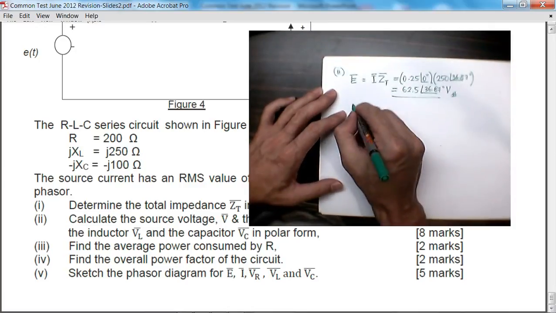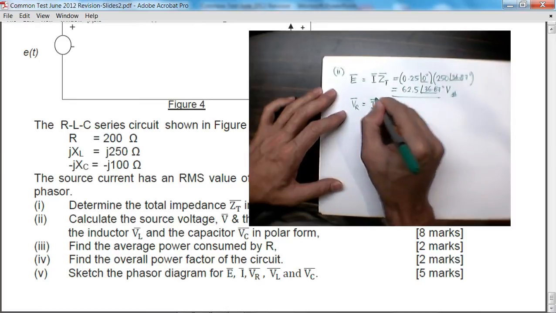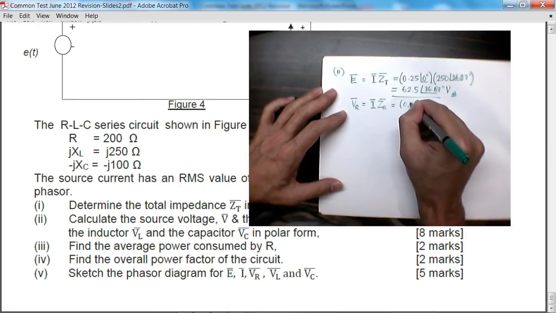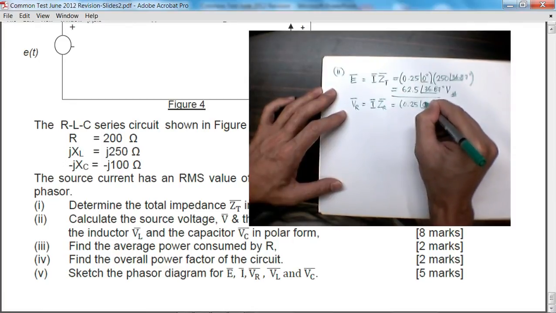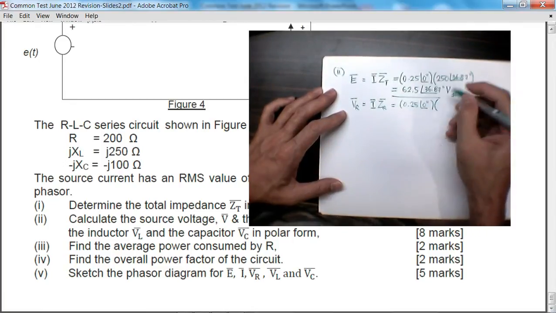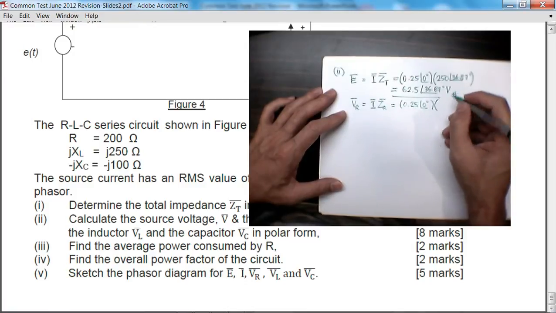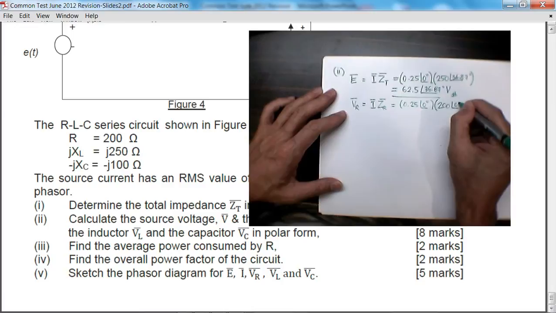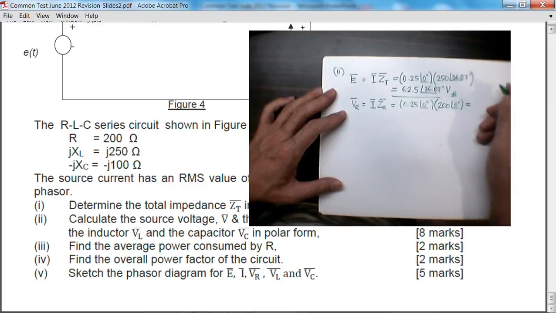The voltage across R will be computed from I times ZR. That's equal to 0.25 angle of 0 degrees, multiplied by the resistance, which gives 50 angle of 0.